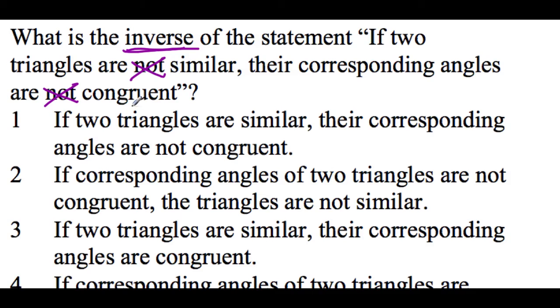Here it took away not from the first part, but not the second one, so the first one is out. Second example, it changed the order, so that's why it's out. Third one, excuse me. If 2 triangles are similar, their corresponding angles are congruent. And that, in fact, is the inverse of the given statement. So choice 3 would have been our answer.